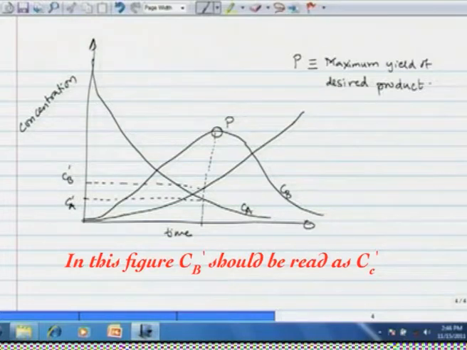Therefore, by the time we reach condition of maximum yield of desired product, a significant quantity of the reactant has been converted into waste product.